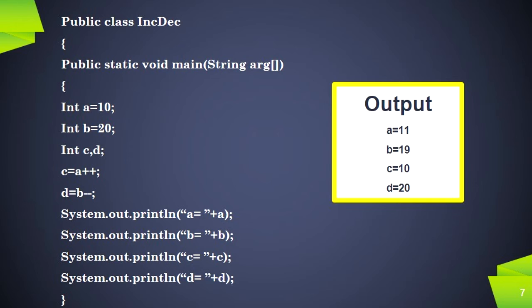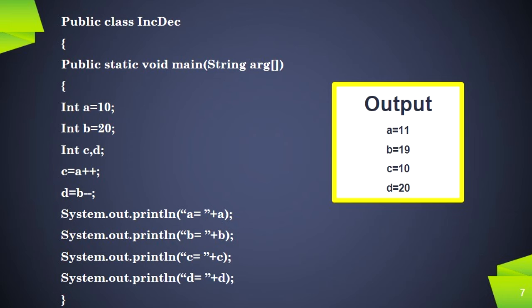Next one is int b is equal to 20. So the value of a is 10 and the value of b is 20. Now we are initializing two more variables, int c comma d. So what do c and d do? C is equal to a plus plus. So what is a here? A is 10.